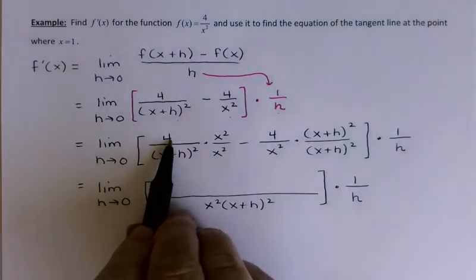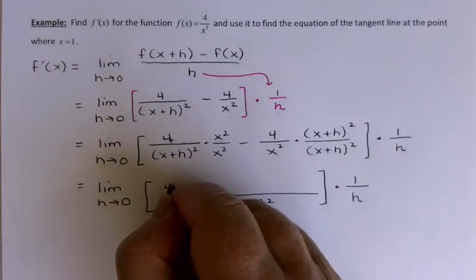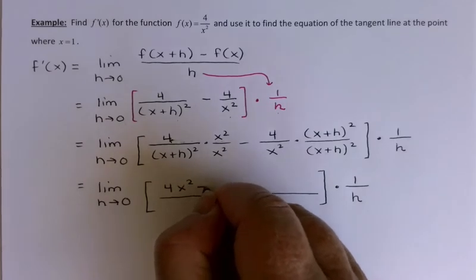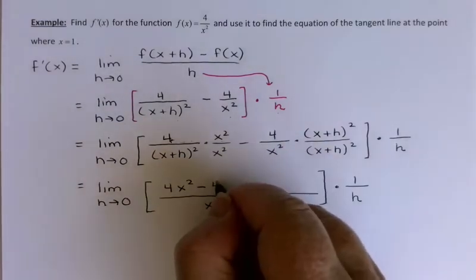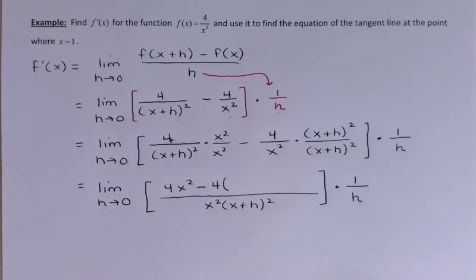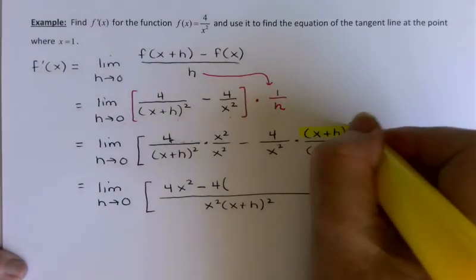All right, here I've got 4x squared minus 4 times, and if I'm going to have a hope of simplifying that fraction at all, I know I'm really going to have to square this out.